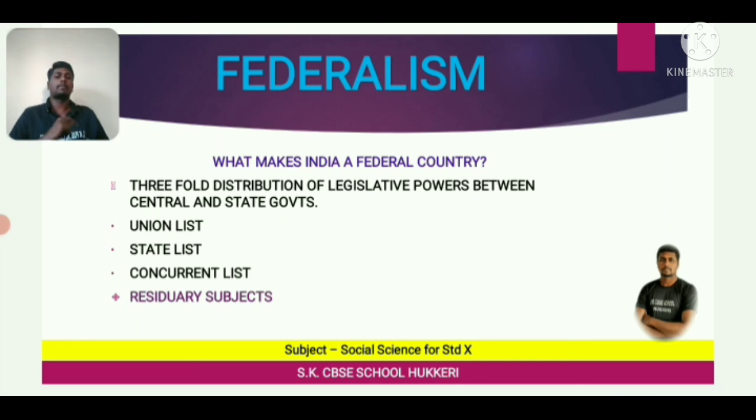At least half of the state legislatures have to give their acceptance. Then those changes could be implemented in the power sharing system between the union government and state governments.